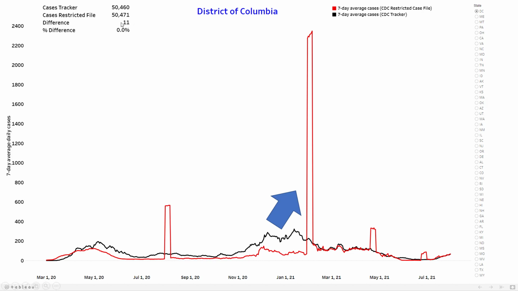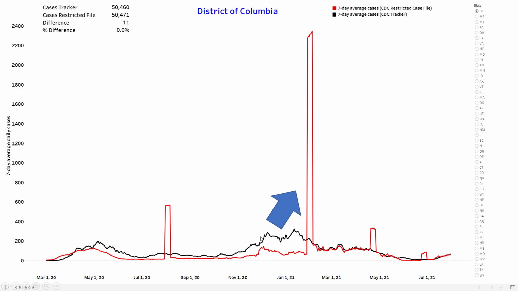If I compare those two numbers, I'm now going to calculate the absolute difference in the number of cases and then the percent difference. And I am sorting these states from the least percent difference to the most. Okay? And so again, you're going to find some of those anomalies that I talked about.